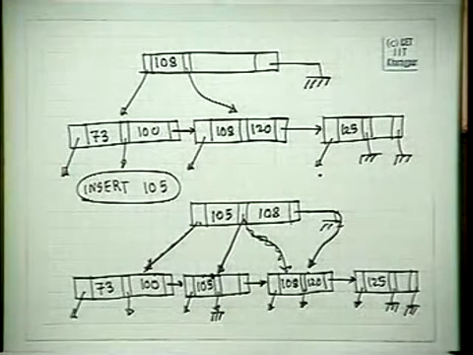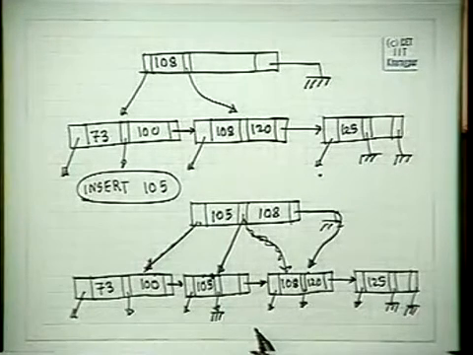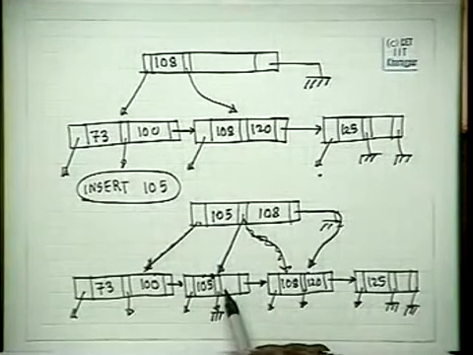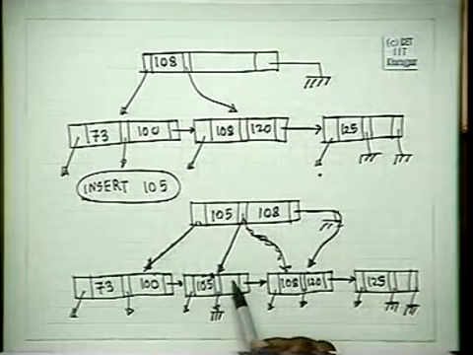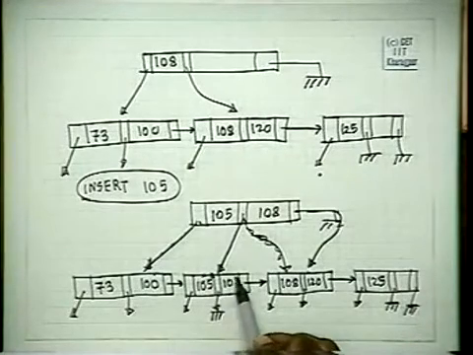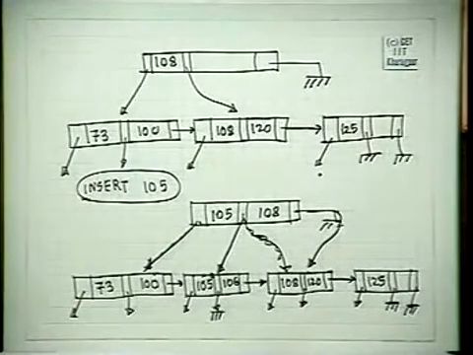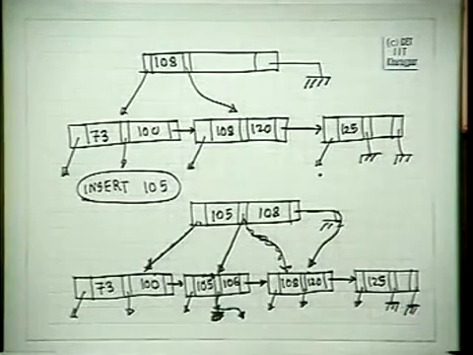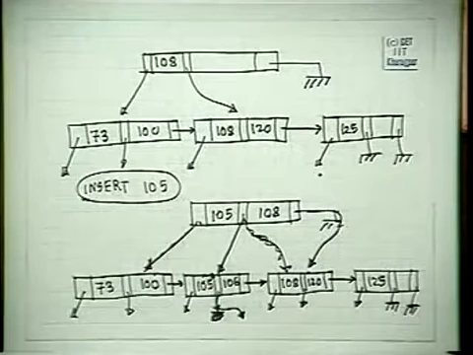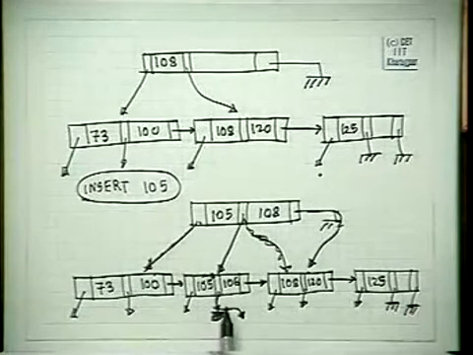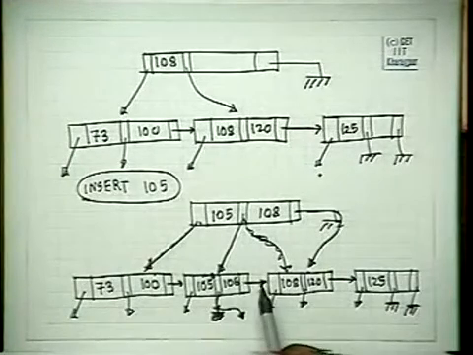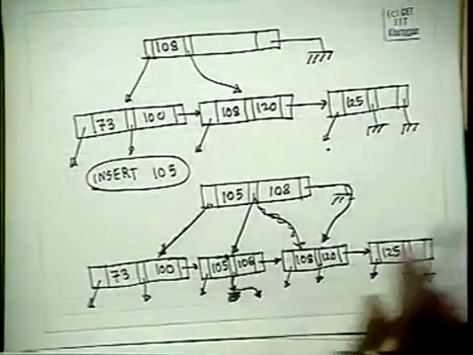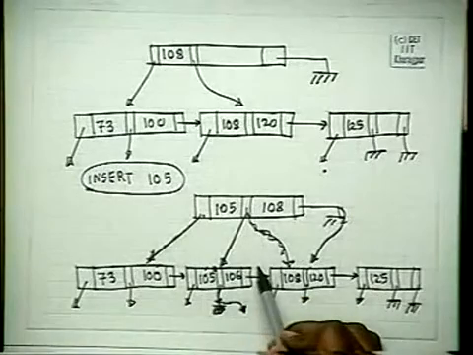Now if I insert another node, say if I insert 106, then I can peacefully insert it here, 106, and this pointer will now point to 106. But if I insert say 107, which will be inserted here, somebody must point from above here.